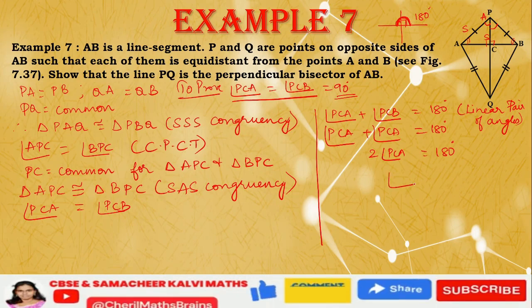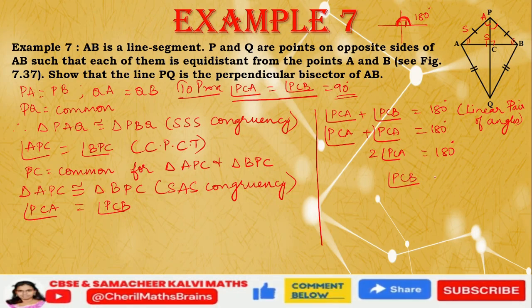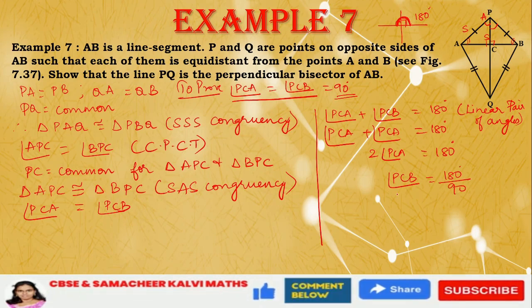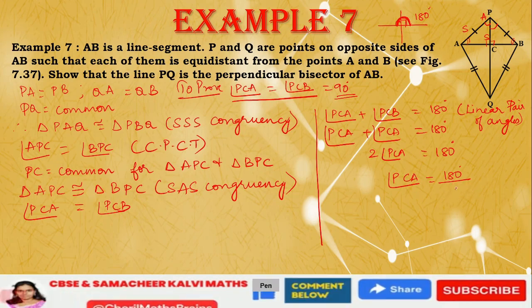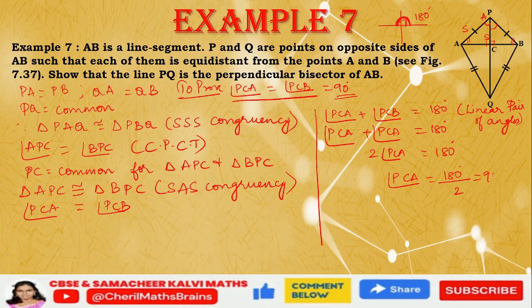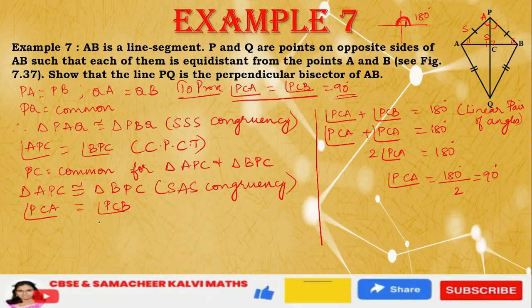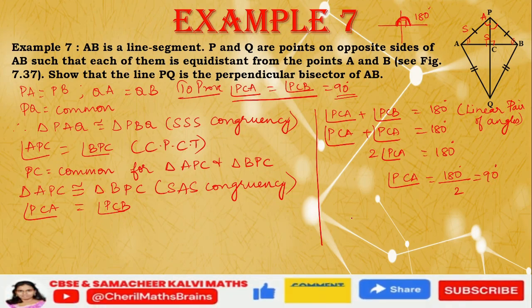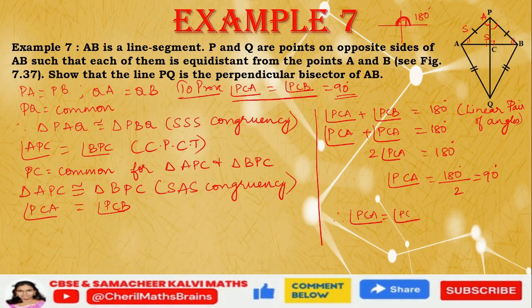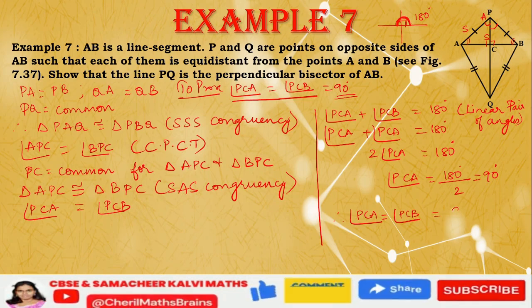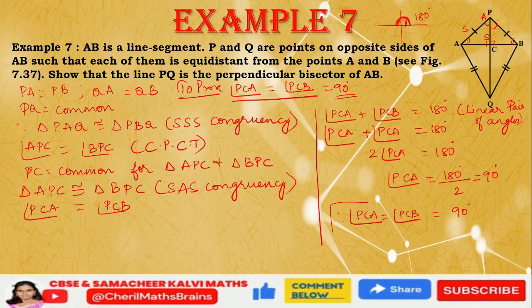Now I can write angle PCA is equal to 180 by 2, which is nothing but 90 degrees. If PCA is equal to 90, PCB is also equal to 90. Therefore angle PCA is equal to angle PCB, which is equal to 90 degrees.